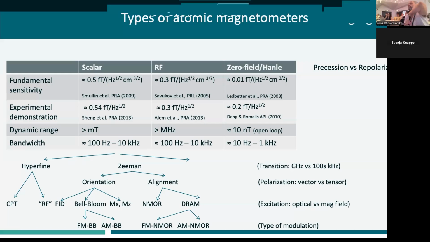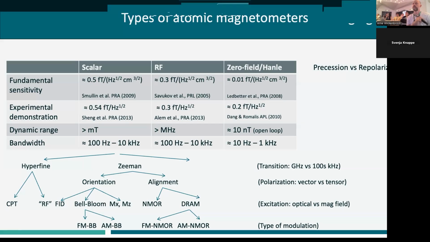And so the difference between this cluster here, these two left ones and the right ones, is do I have a precession of the atoms, or is it just a static repolarization in the Hanle type? And so in most of these, I drive the atoms. But then I can drive different transitions. So that now starts distinguishing different types of magnetometers. I can drive a hyperfine transition, or I can drive a Zeeman transition.